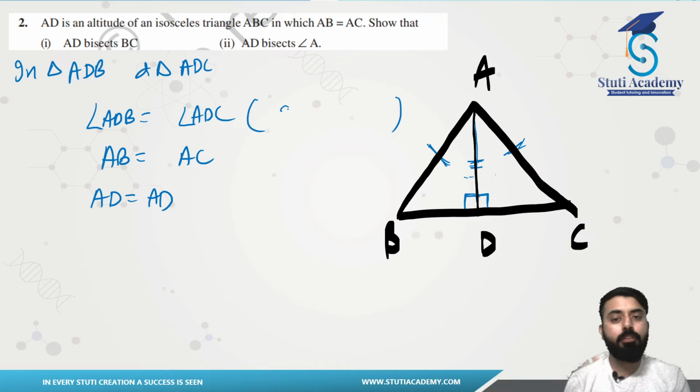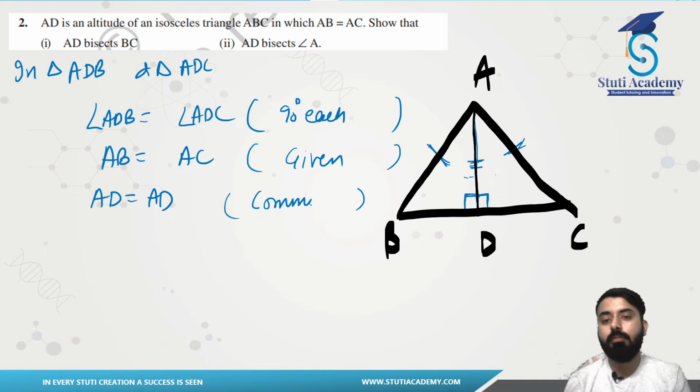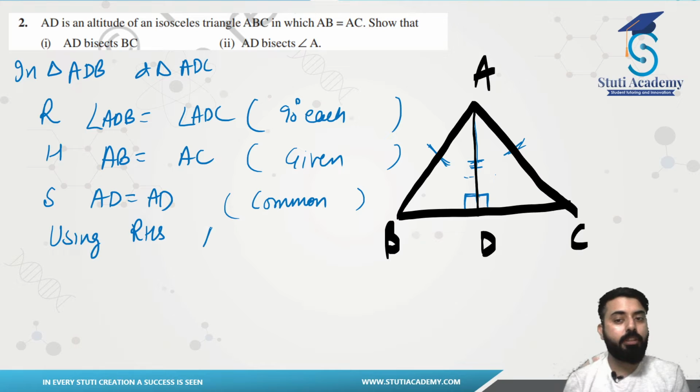This is 90 each, this is given, this is also common, right? Right angle, hypotenuse, side, using RHS, triangles ADB and ADC are both congruent.